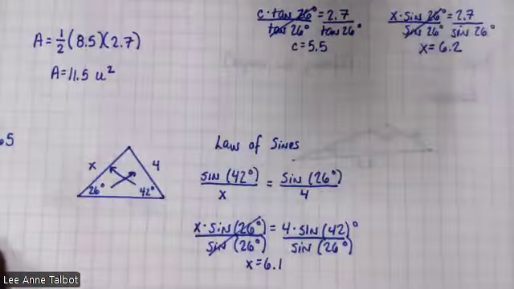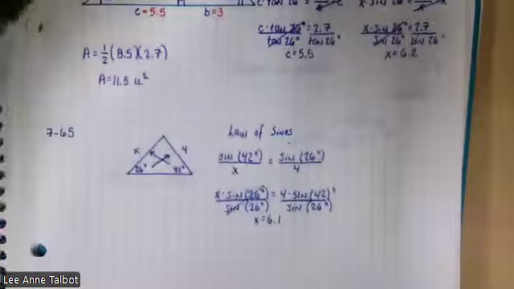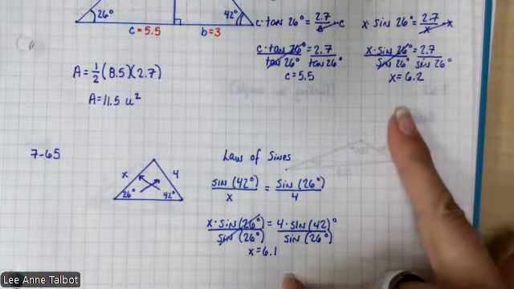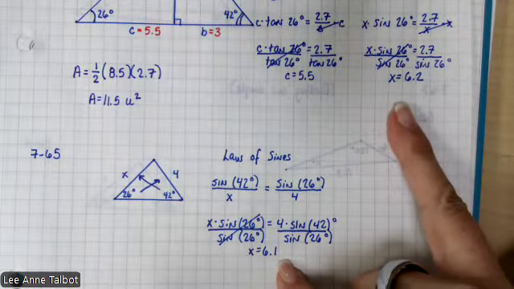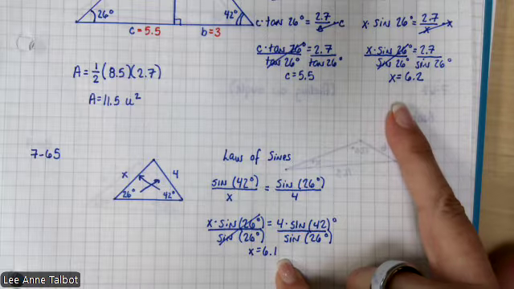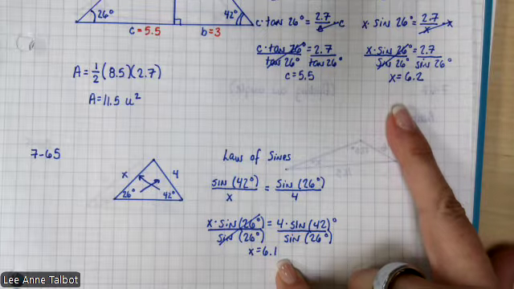Okay, look at how much work it took us to get the same answer in the previous problem. Which one do you think is more accurate? The second one, because I didn't round anything, right? I mean, I rounded the very end.